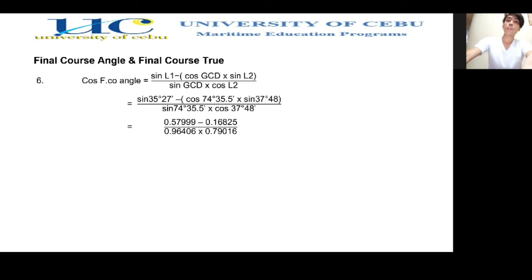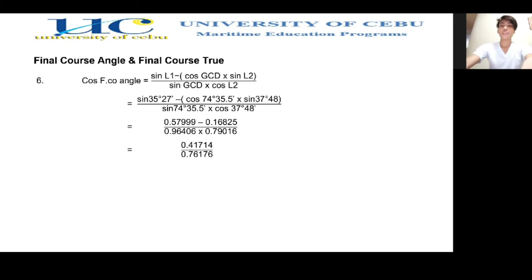Next, after calculating the following operation, we will now get the answer, which is 0.57999 minus 0.16825 divided by 0.96406 times 0.79016.